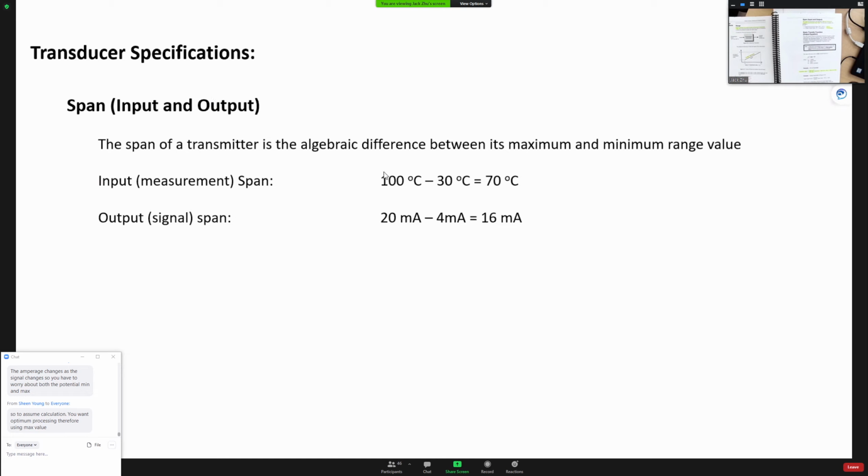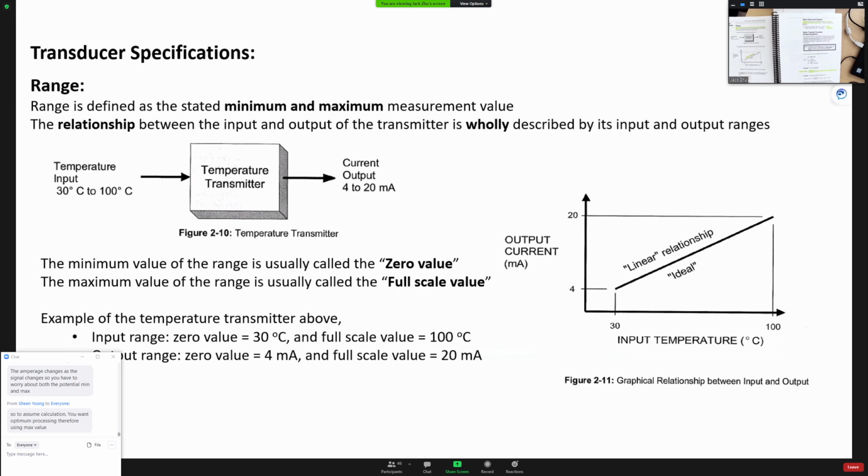Once we understand those two, we can start doing the calculation. If I know the output signal, I will know the input temperature. Or if I have an input temperature, I know what the output current value will be.